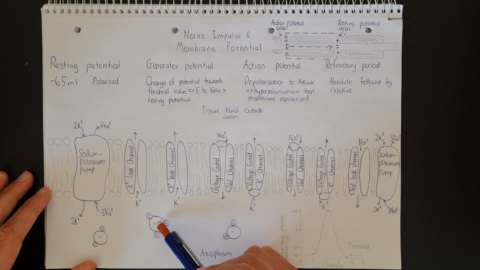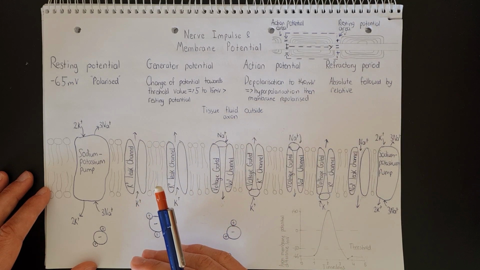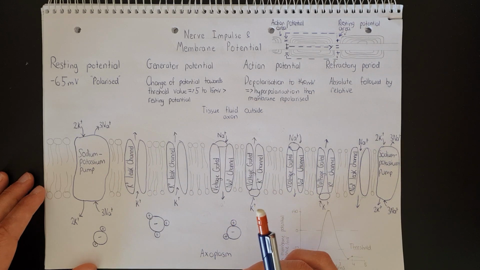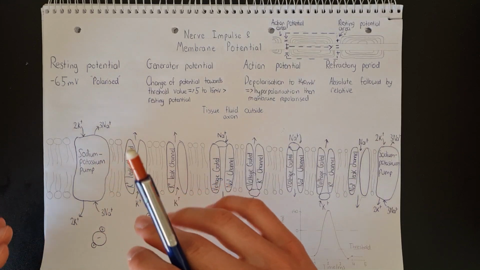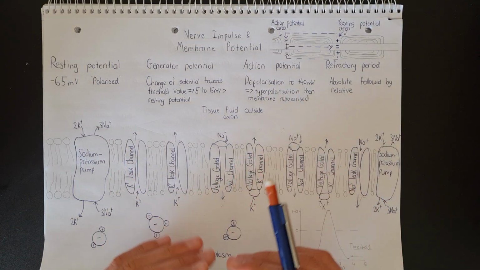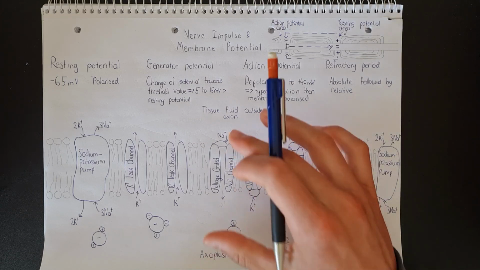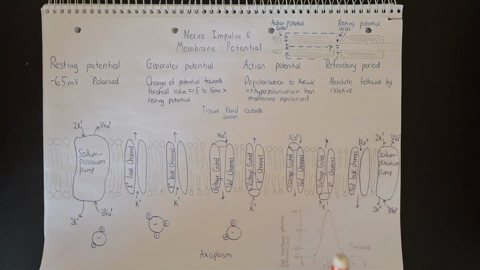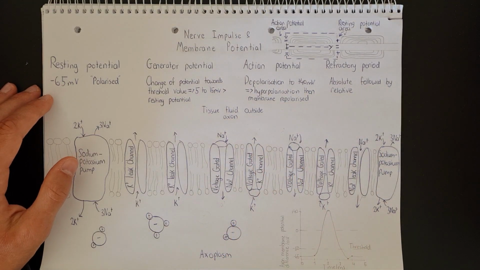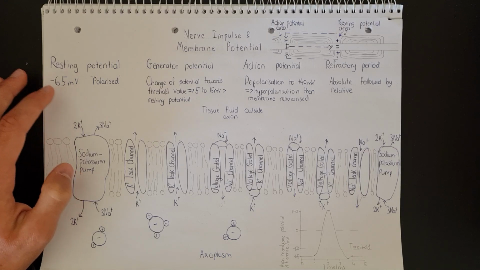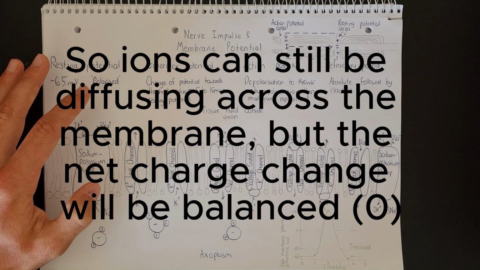Okay, so these anions are keeping the potassium ions in the axoplasm, and this will contribute to there being no net movement of ions in versus out of the axoplasm, which will ensure that we maintain a steady membrane potential difference of negative 65 millivolts, right? The resting potential.